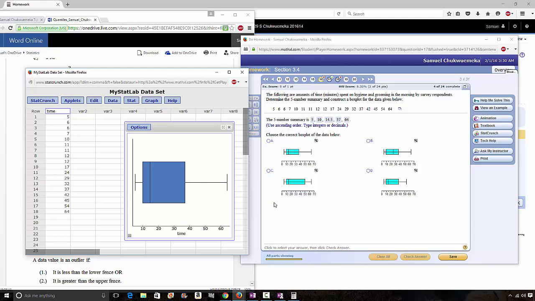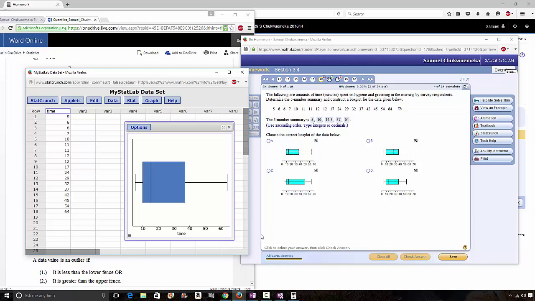I'm sorry, I was looking at the first quartile, don't mind me. First quartile is 10. Minimum is 5, so A could be there, B could be there, C could be there, and D could be there. The same thing with the first quartile. Maximum is 64. A could be there, B could be there, C could be there. D is out for maximum.